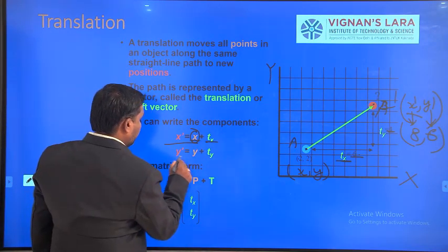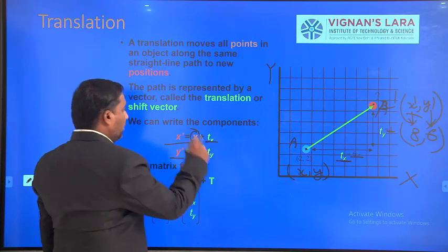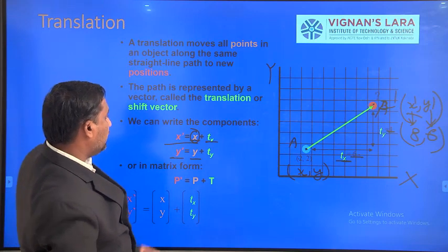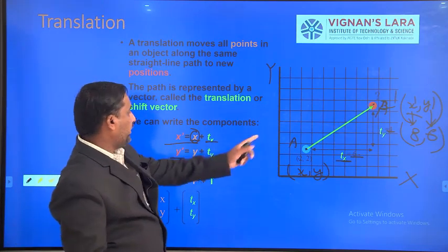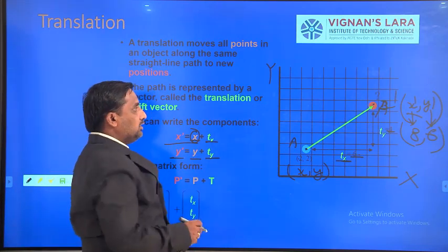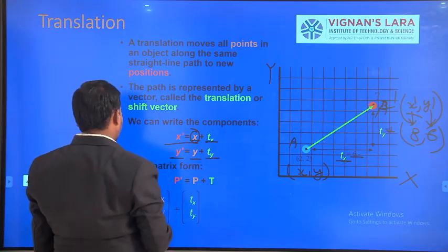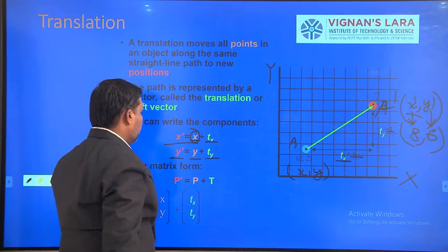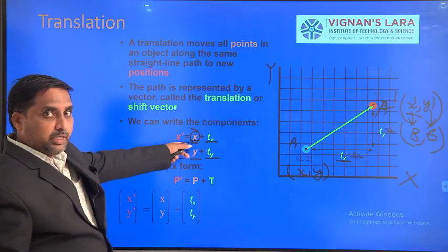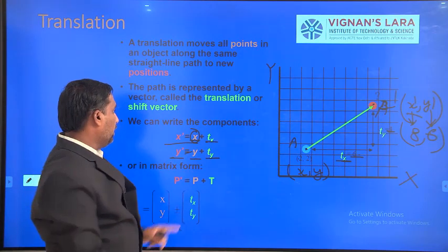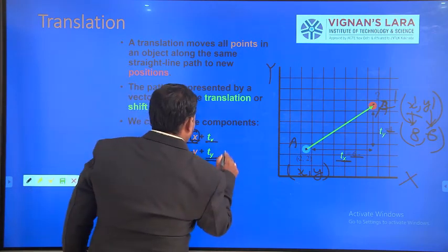Similarly, y dash is equal to y plus ty, where y is the initial y coordinate of the point A, and ty is the translation along y direction. Or in matrix form. So we are getting the equations x dash equal to x plus tx, y dash equal to y plus ty.